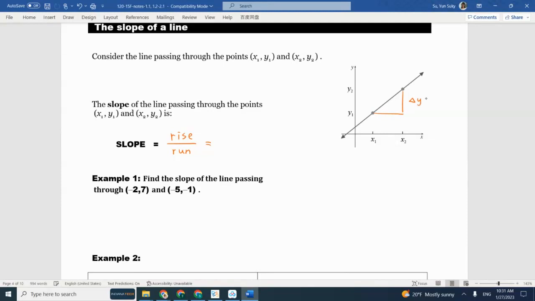This is the change of y, and that is y2 minus y1. And here is the change of x, x2 minus x1. So rise is the change of y, run is the change of x. So therefore we have y2 minus y1 over x2 minus x1. Okay?